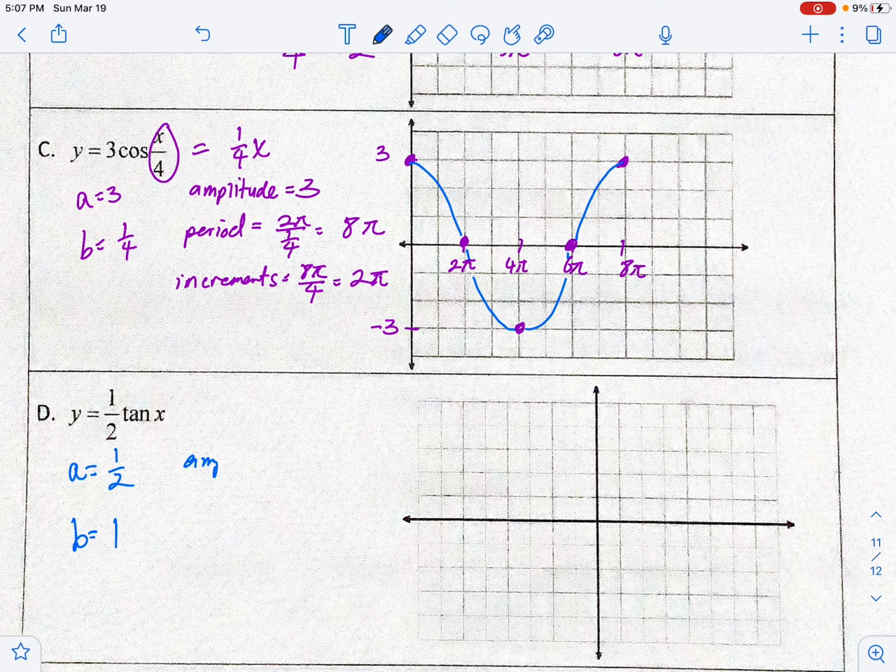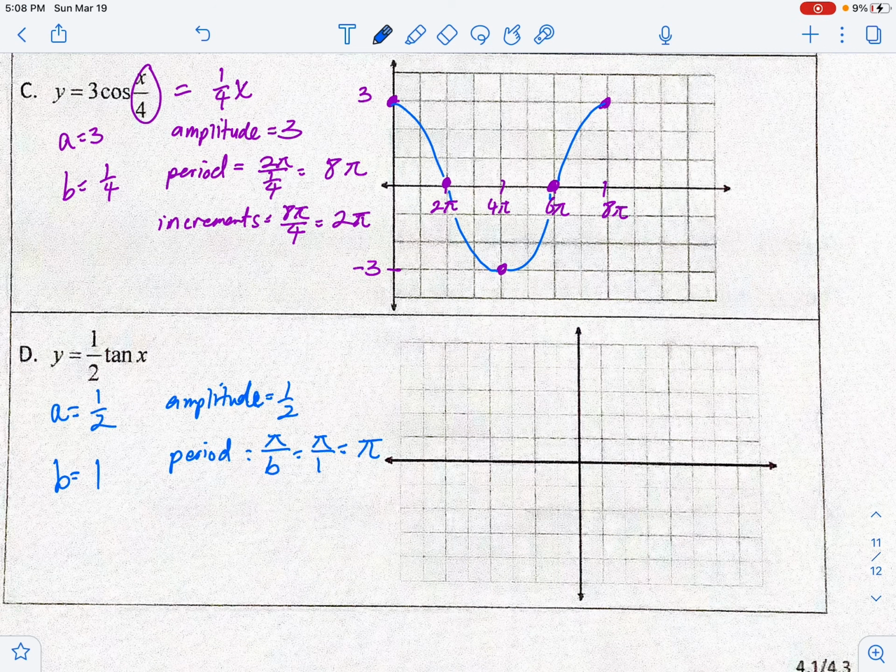My amplitude is again 1/2, meaning I'll have a point at a max of a value of 1/2, and I'll also have a value at negative 1/2, and I'll show that in a bit. I have a B value of 1, so therefore my period for tangent is pi over B, meaning my period is just pi.